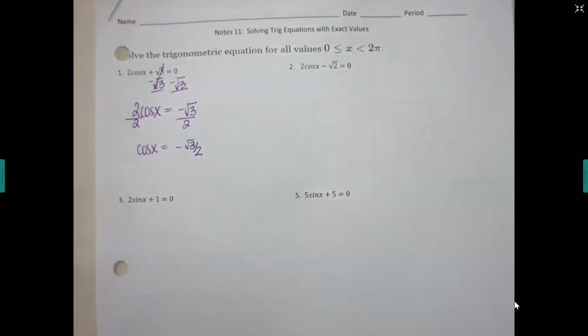Now, if you had a calculator, at this point you would do inverse cosine on both sides. But you're not allowed to do that for this test because you're not going to have a calculator. You're going to have the circle instead. But it's okay, it's very easy. You are going to look on the circle for where the cosine is this number.